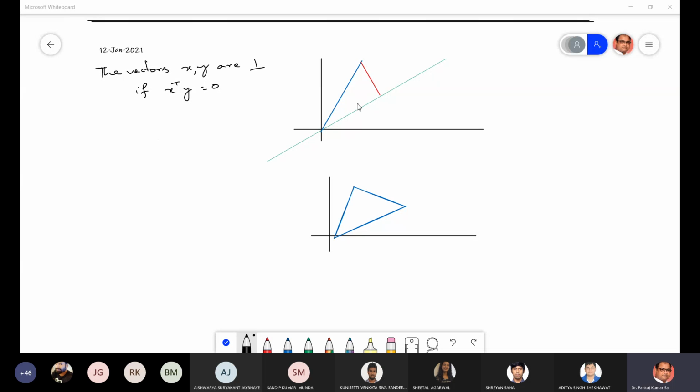Let us consider the vector A. Let us consider another vector B. Clearly A and B are not perpendicular. They subtend an angle theta with each other.